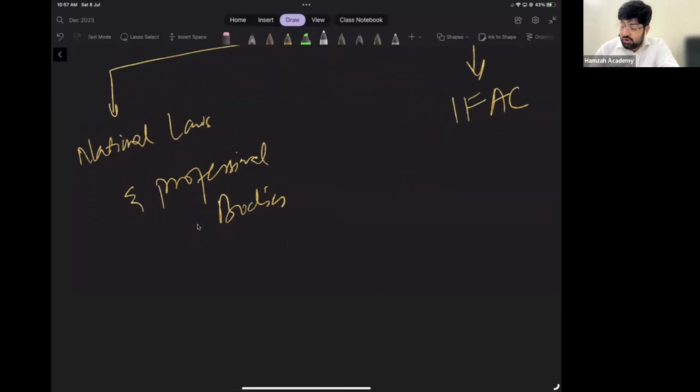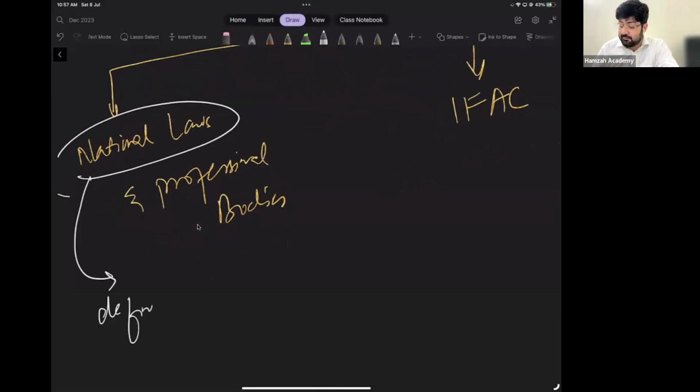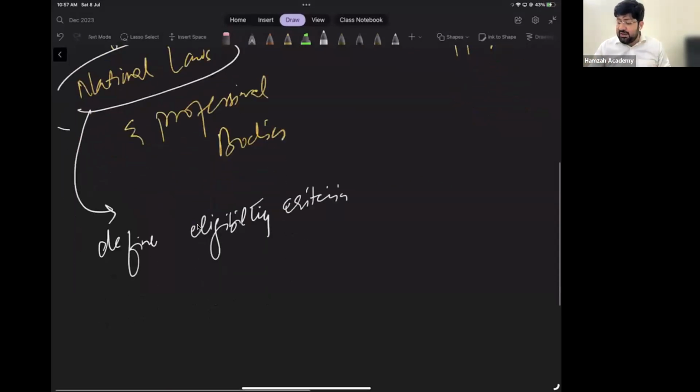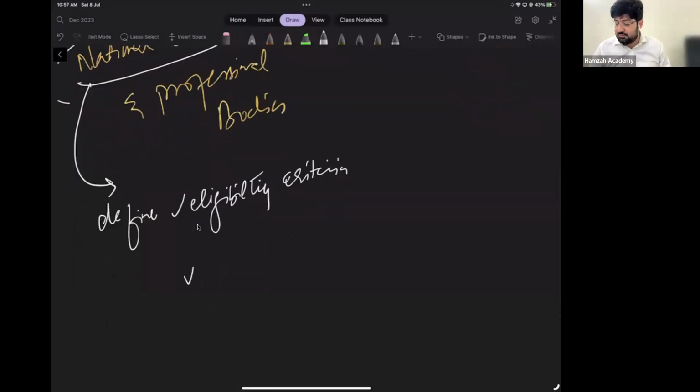So national laws, wherever the auditor is in the country, define eligibility criteria of the auditor. What should the education be? What is the training? And there might be an ethical code for the profession.